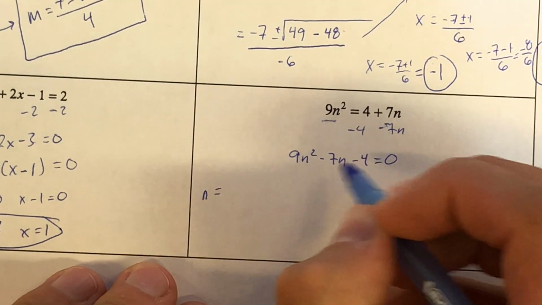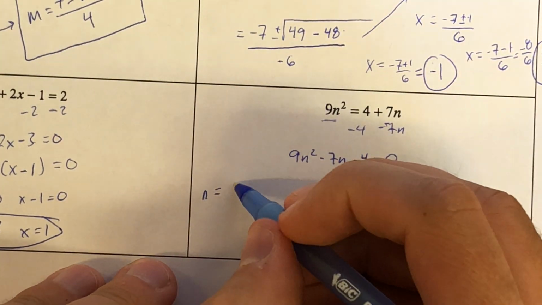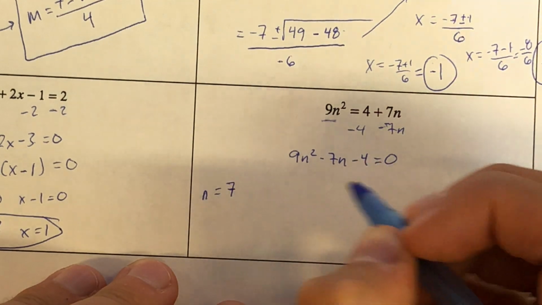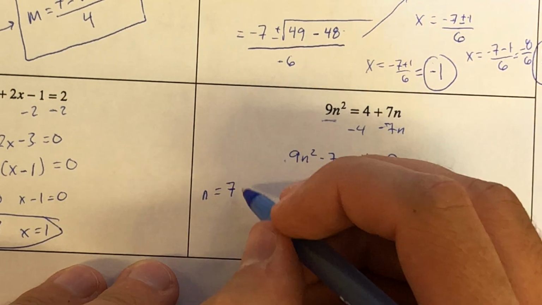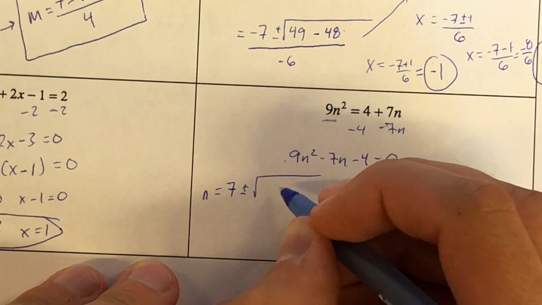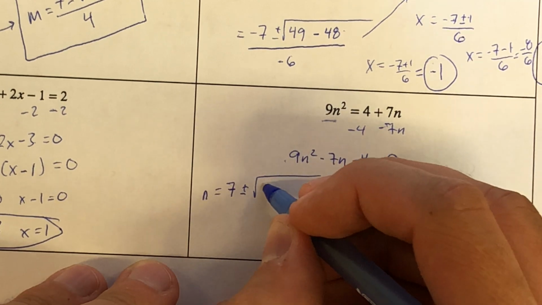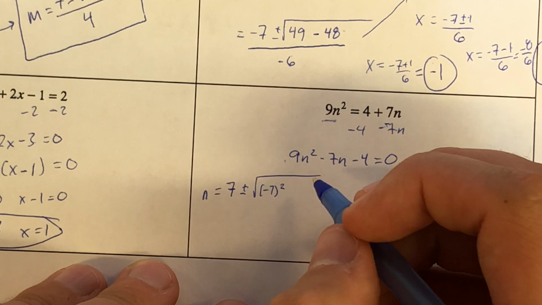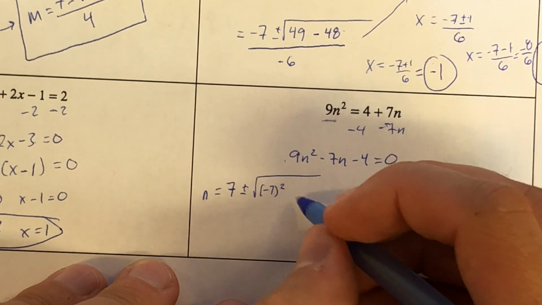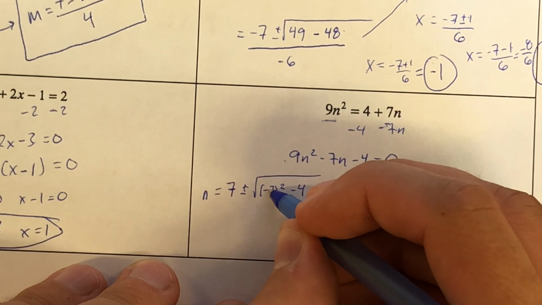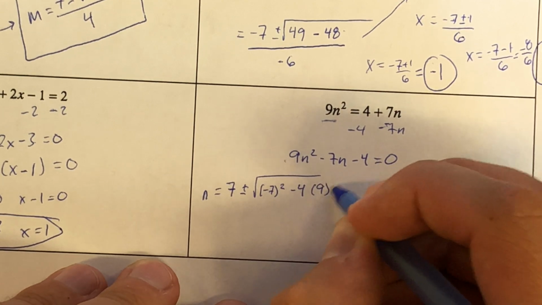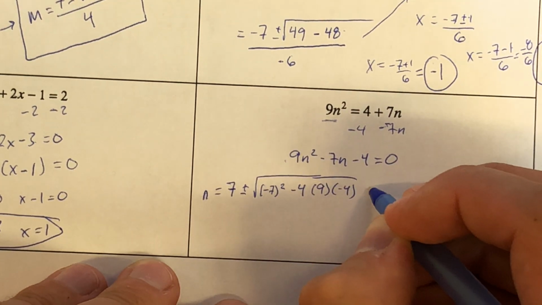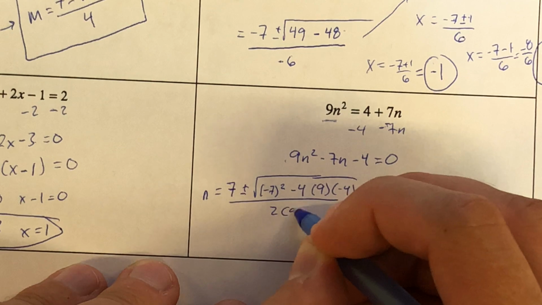You might be able to factor that out, but I feel more comfortable using the quadratic formula. x equals negative b plus or minus the square root of b squared, which this time is negative 7 squared, minus 4 times 9 times negative 4, all over 2 times 9.